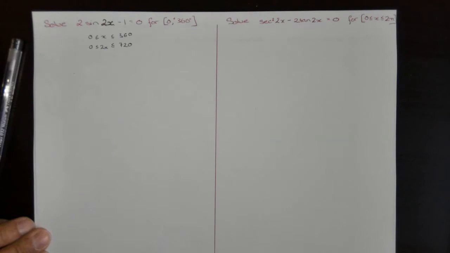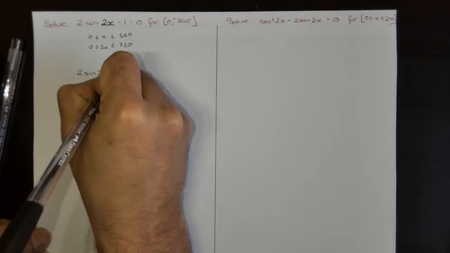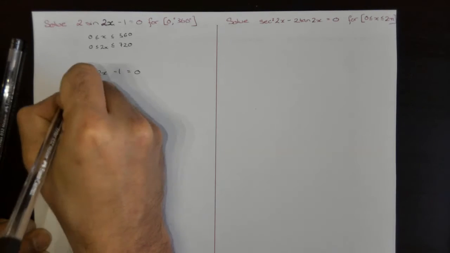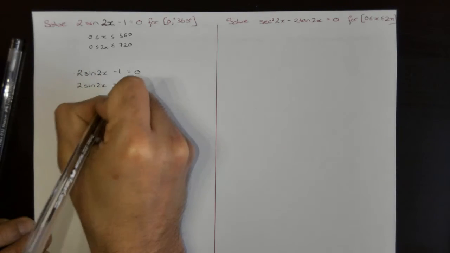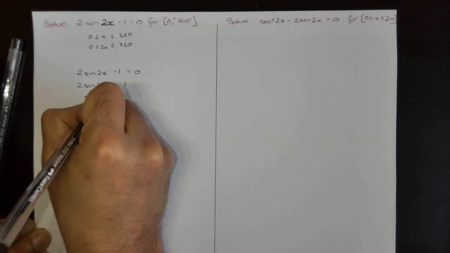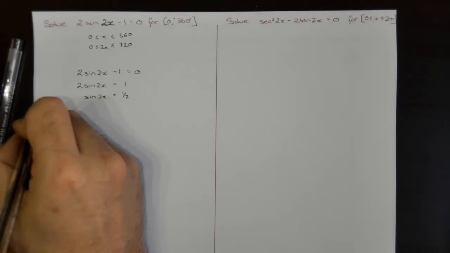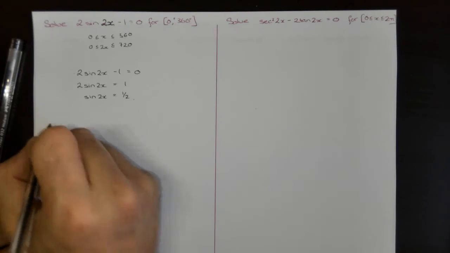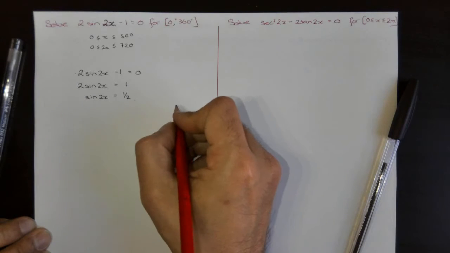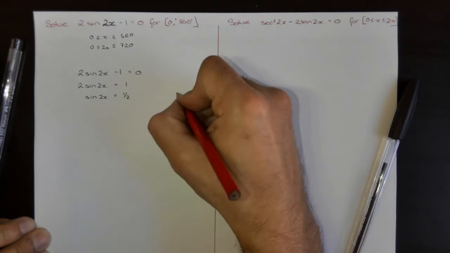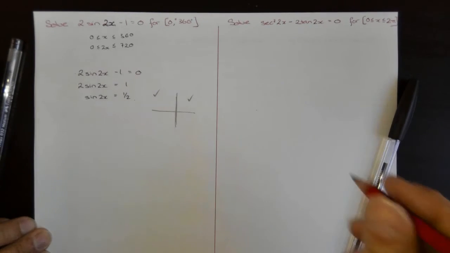So, sorry, we get 2 sine 2x minus 1. That's the same as 2 sine 2x equals 1, or sine 2x equals a half. Okay. So if we were going around once, sine is positive in the first quadrant and the second quadrant.